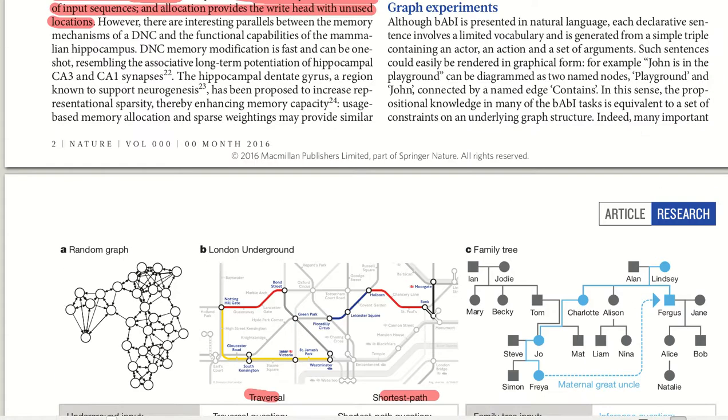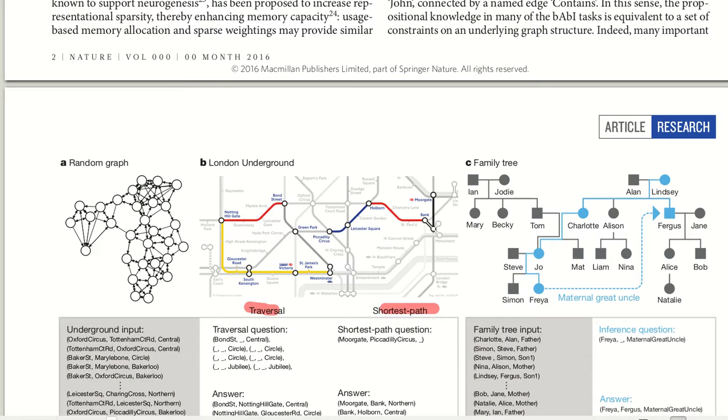So one of the experiments they do is on this random graph, they take random steps in the graph. First they give the whole graph to the network. So they just define all the nodes in the graph to the network.